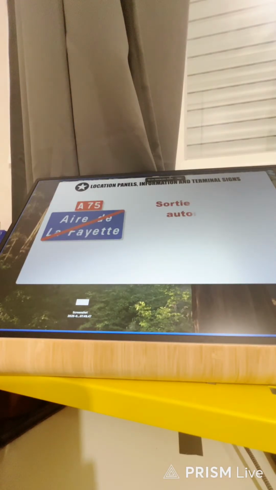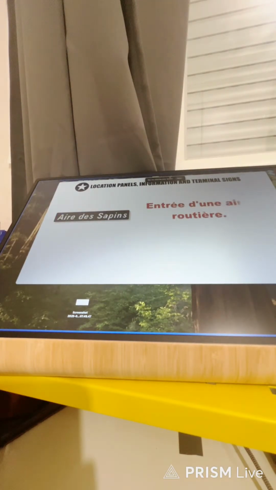Then this one means you are leaving the aire de repos. You are finished. You want to continue your journey. So it can either be blue, or sometimes it can also be black. But the black one is not on the autoroute. It's just on the normal road. That's where you are going to see this black one.